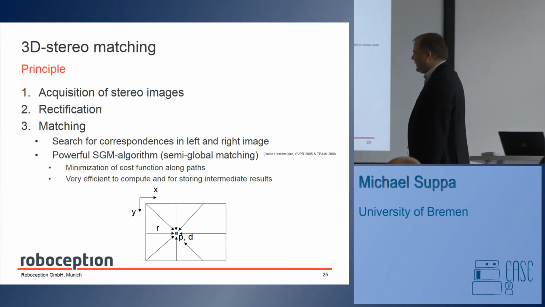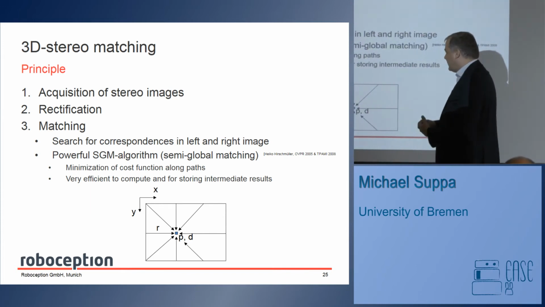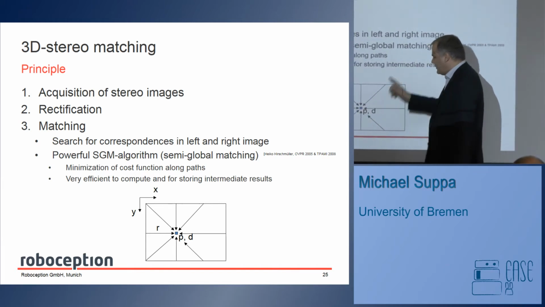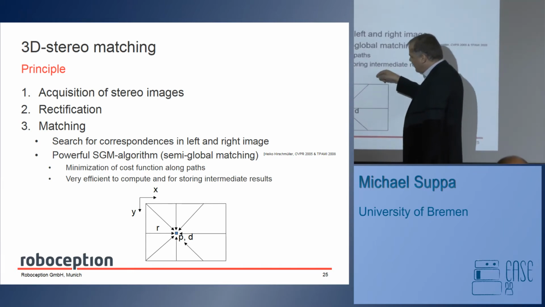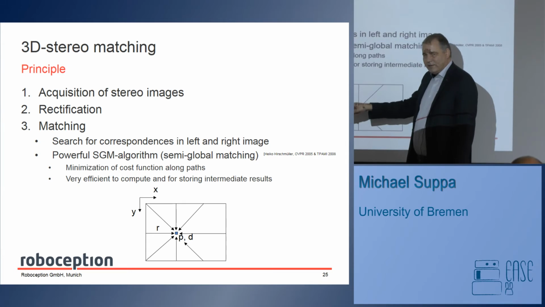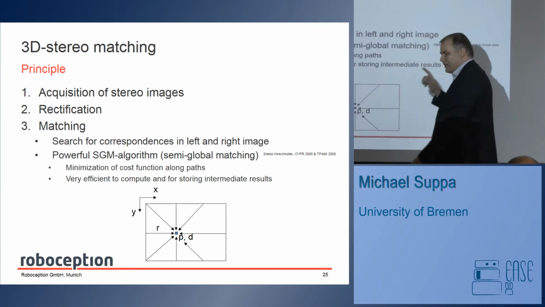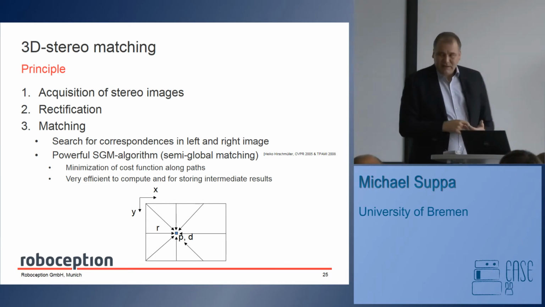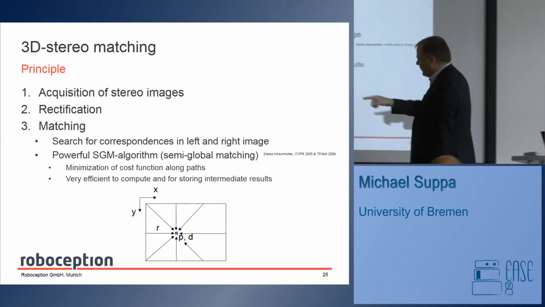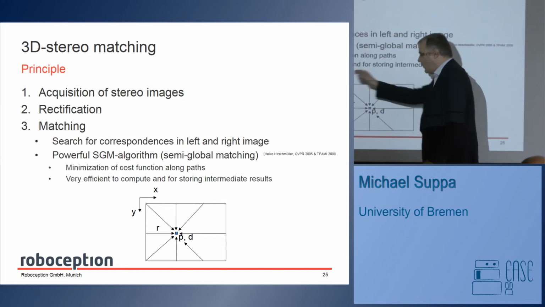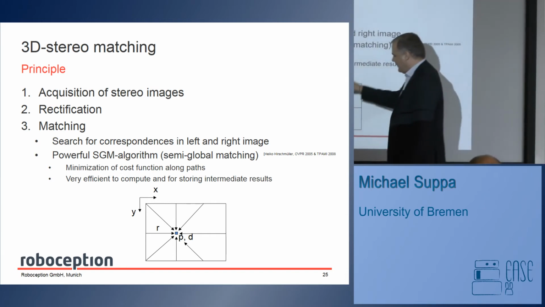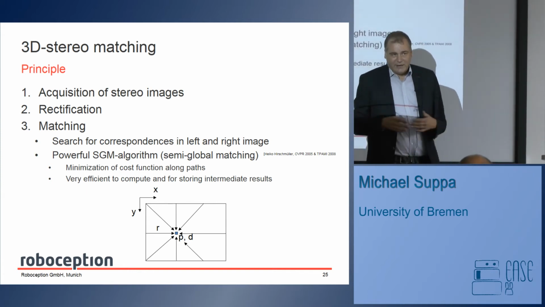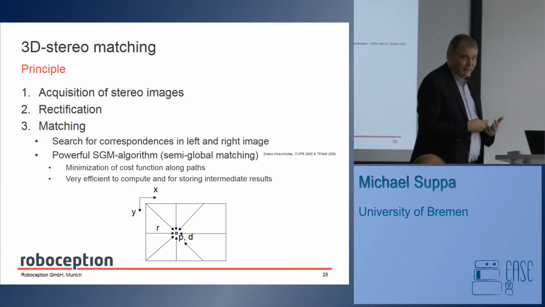What we did here is a combination of global and local. You can imagine that you have a pixel in the image and you compute the paths towards that pixel through the image from 8 directions. Then you have a cost function that you minimize. So instead of comparing that pixel to all pixels in the image, you take these 8 paths, and this is something you can nicely parallelize on a GPU or FPGA.